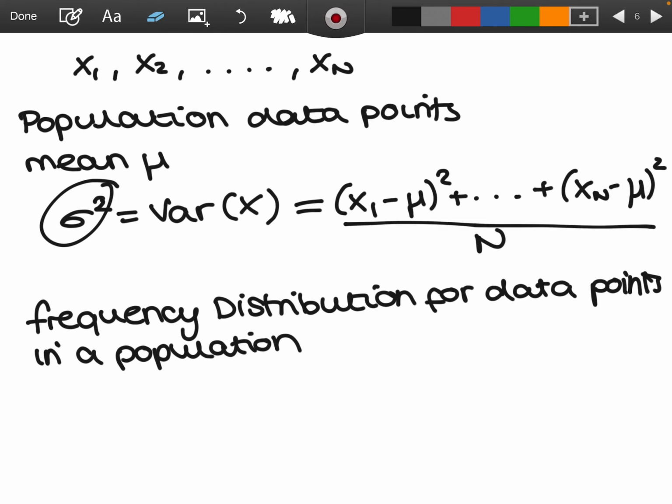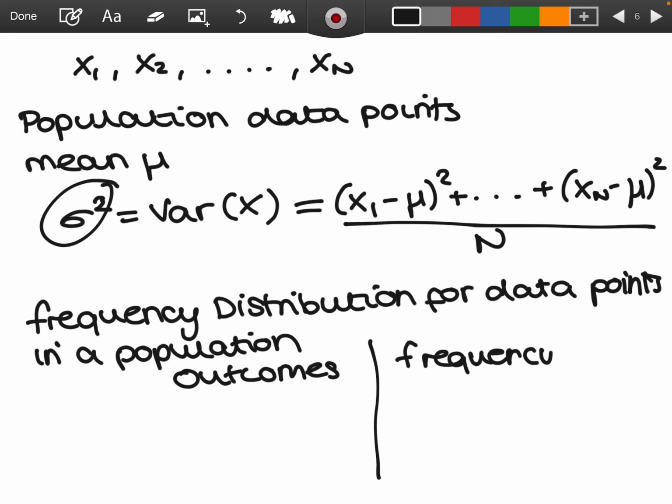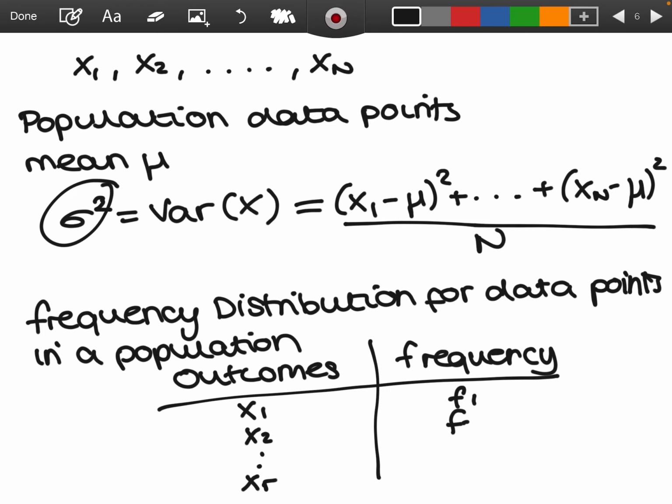Let's say that we've got our outcomes here, and we have our frequencies of each of our outcomes here. Your outcomes are going to be x1, x2, down to xr, and your frequencies are going to be f1, f2, down to fr, where when you add all of these together, it is going to equal the total number, which is going to be n.